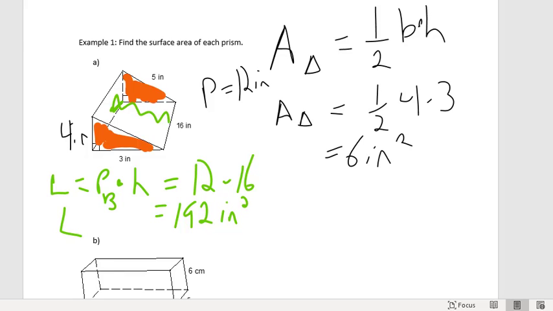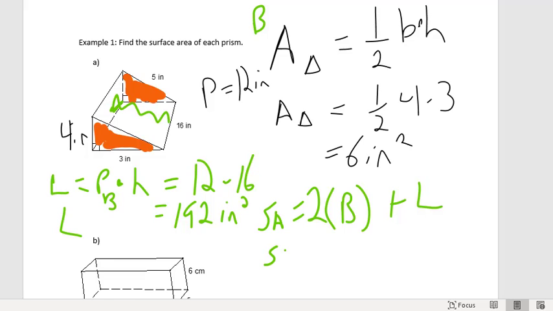So the overall formula is 2 times the base area plus L. So surface area is 2 times 6 inches squared plus 192 square inches.